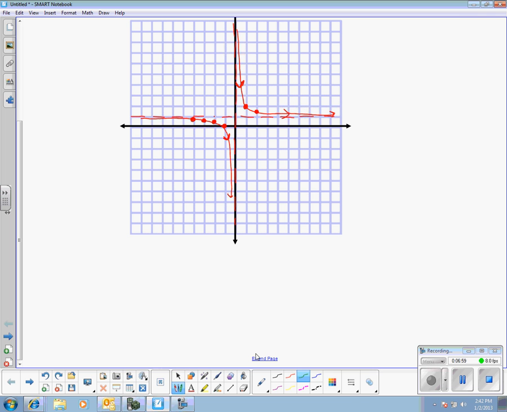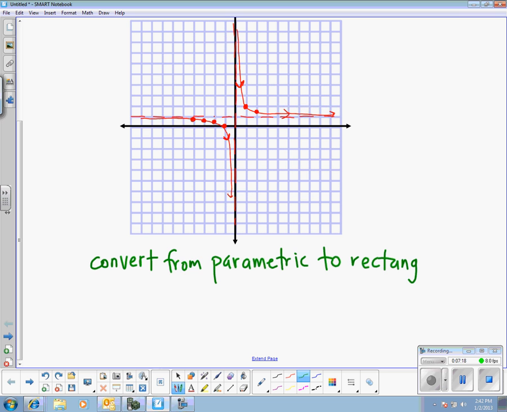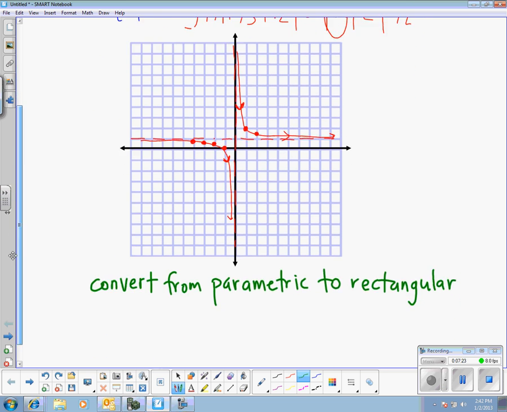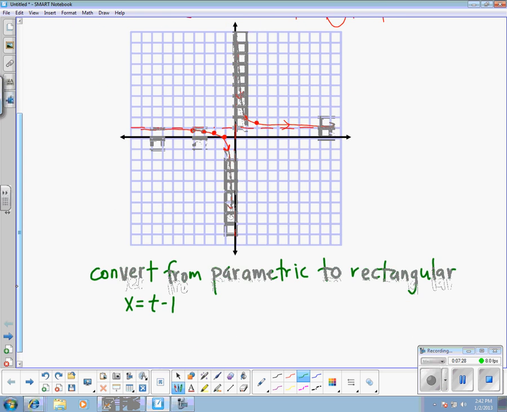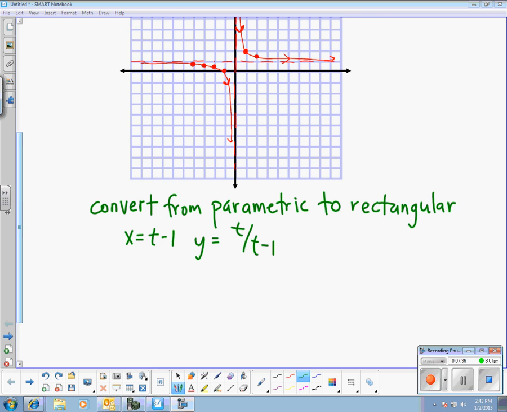So I'm going to take the two equations that I had in parametric form and turn them back into a regular equation. All right, and this is going to be done just through a substitution.